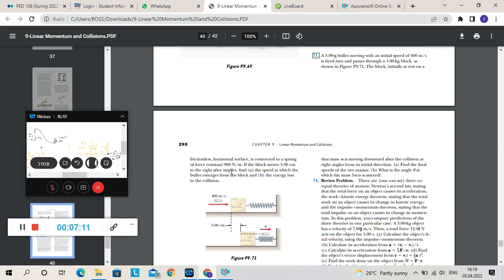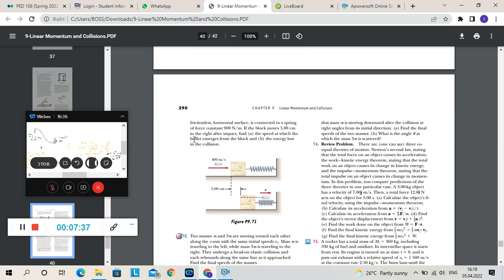The block, initially at rest on a frictionless horizontal surface, is connected to a spring of force constant 900 Newtons per meter. If the block moves 5 cm to the right after impact, first find the speed at which the bullet emerges from the block, and second, the energy loss in the collision.